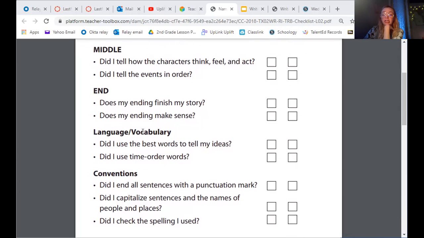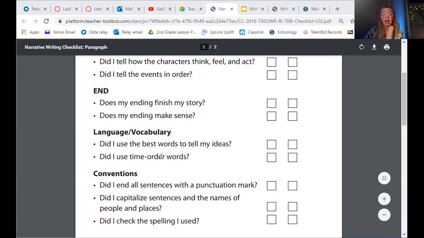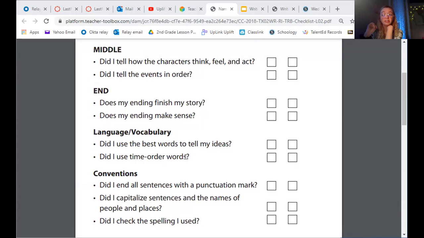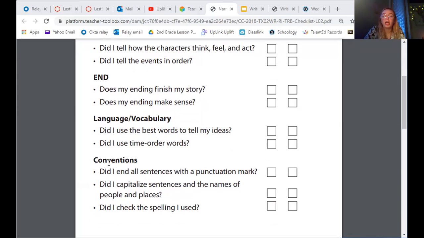Okay, let's move on to language and vocabulary. Did I use the best words to tell my ideas? Did I use time order words like first, next, then, and last? If not, go ahead and fix it on page 64 in your books. Let's move on. Conventions. Did I end all sentences with a punctuation mark, like a period or a question mark or an exclamation mark?